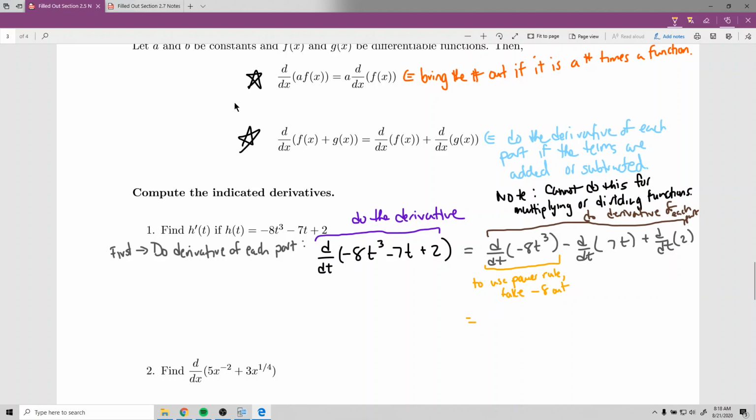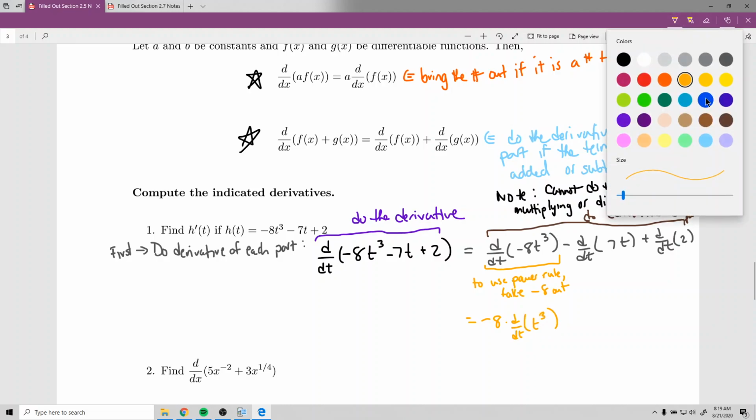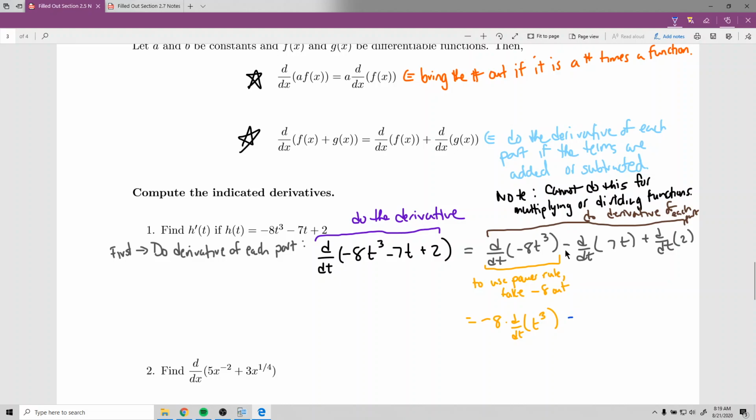Right, but that's exactly what this rule says up here. If we have a number, negative 8 times a function, which happens to be t cubed here, we can bring the number out. So we get negative 8 times the derivative of t cubed. Now the next one here, I'm going to just bring down the minus.